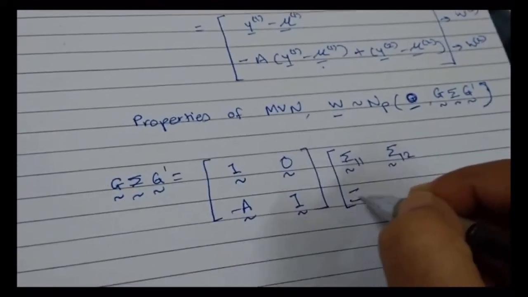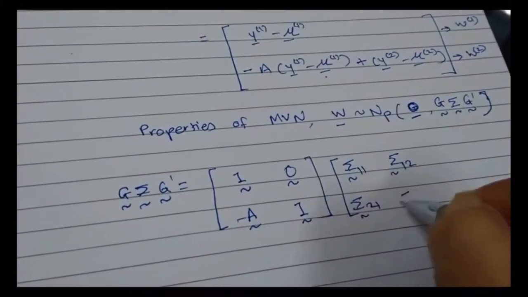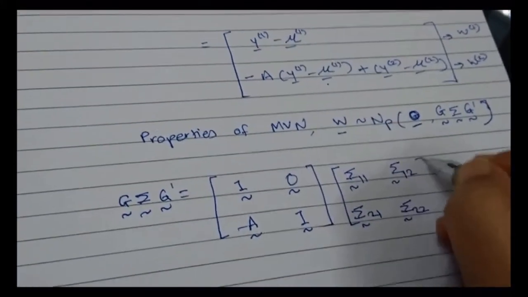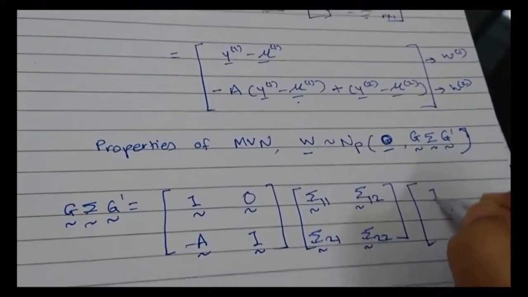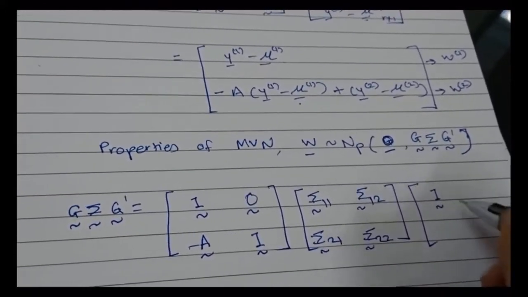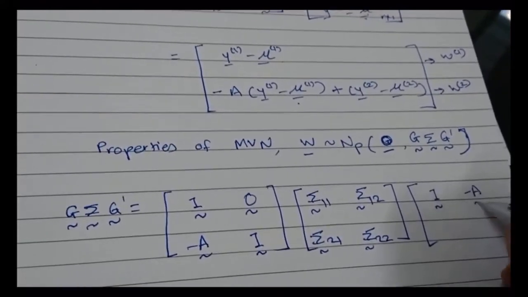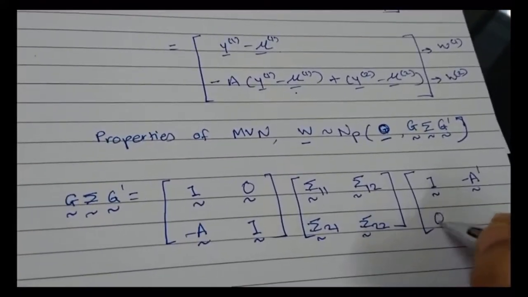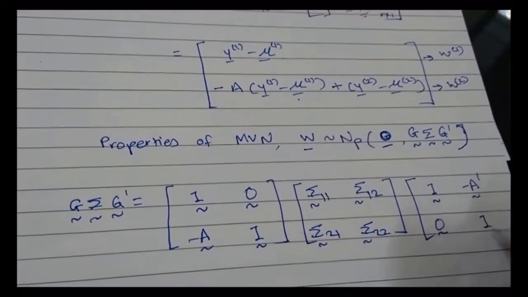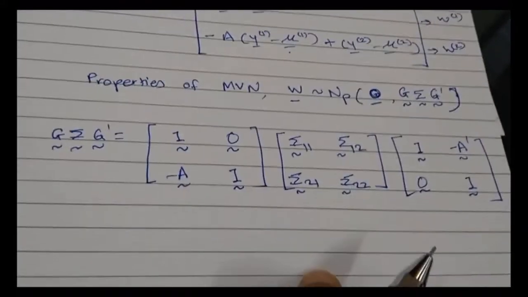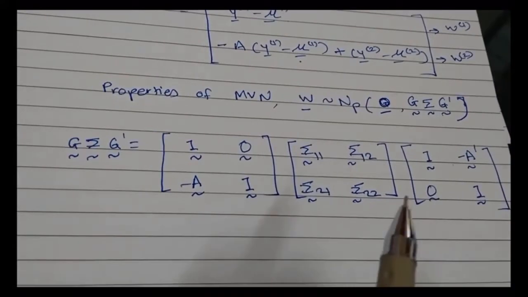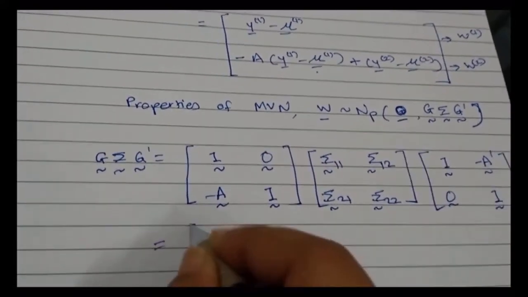Sigma 1 1, sigma 1 2, sigma 2 1, sigma 2 2, and G prime is going to be I prime, which is I, then minus A prime here, 0 prime again I can write as 0, and this I prime I can write as I. Okay, so I have I, minus A prime, 0, I. So this becomes, let me take the product.